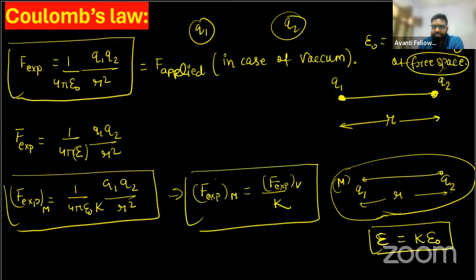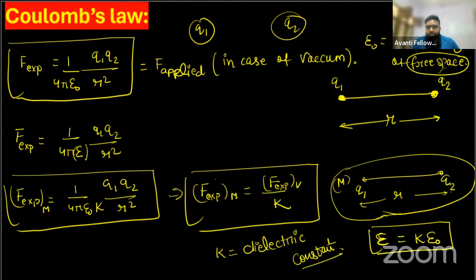Our force gets reduced k times, right? So if we place a system of charges in a particular medium, the force experienced by each and every charge will get reduced by k times. And what is this k? K is the dielectric constant, okay. Any kind of doubt?